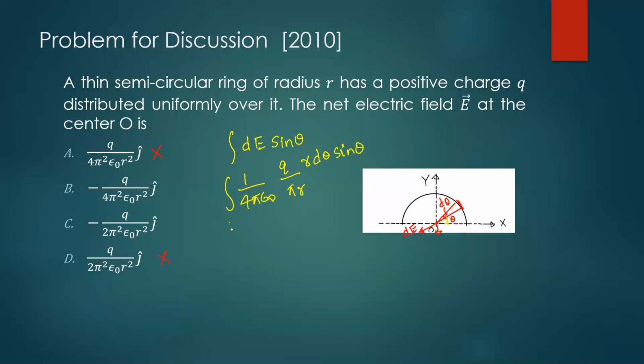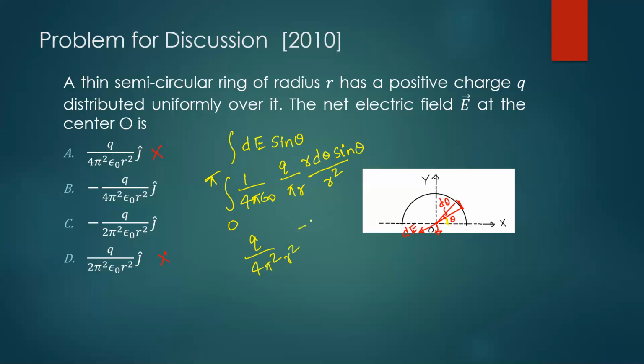You're going to integrate from 0 to pi. So let's pull constants out: Q by 4 pi squared... I did not divide by r square. That's important, right? Charge by r square. So you get r square, and then the integral of sine theta d theta.